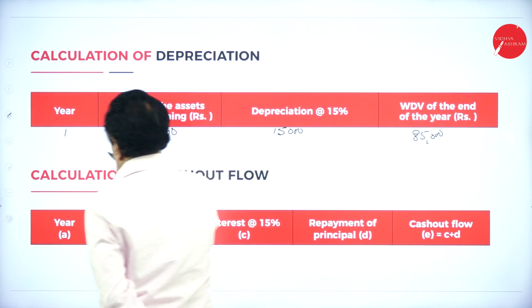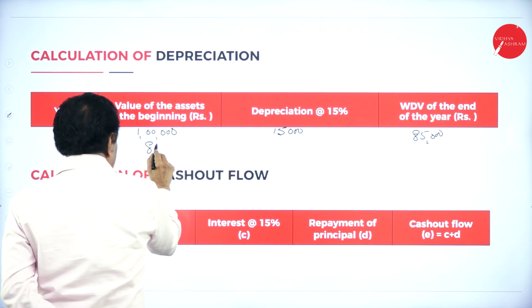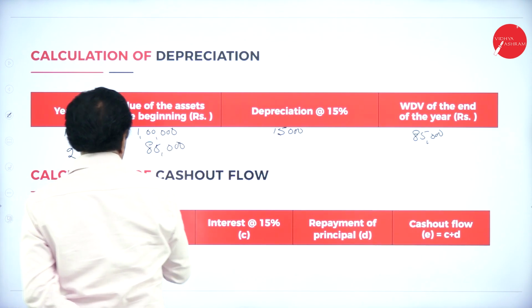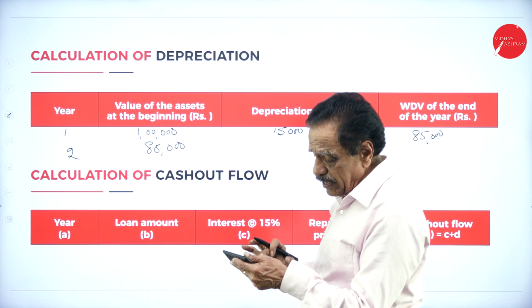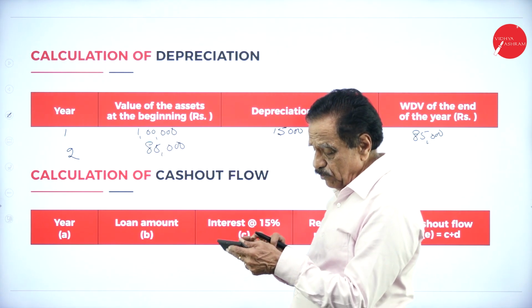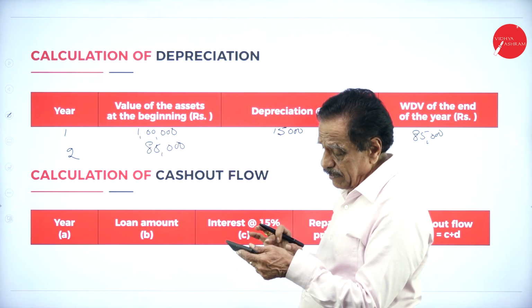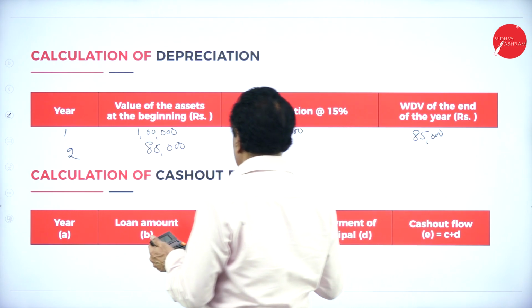Second year, on 85,000 you have to calculate depreciation: 85,000 into 15 divided by 100, which is 12,750.